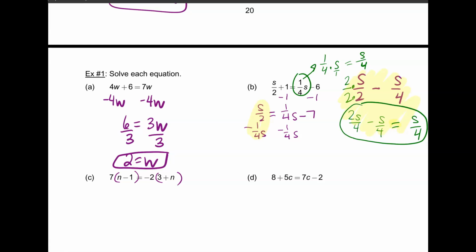So 2 times s is 2s. 2 times 2 is 4. So I have 2s over 4 minus s over 4. So it's 2 minus 1. 1. So I just have s over 4. Okay, so coming back, I have s over 4 equals negative 7. And the last thing I need to do is multiply by 4 on both sides. So I get s is equal to negative 28. So it's a little bit harder one because we got some fractions up in here.